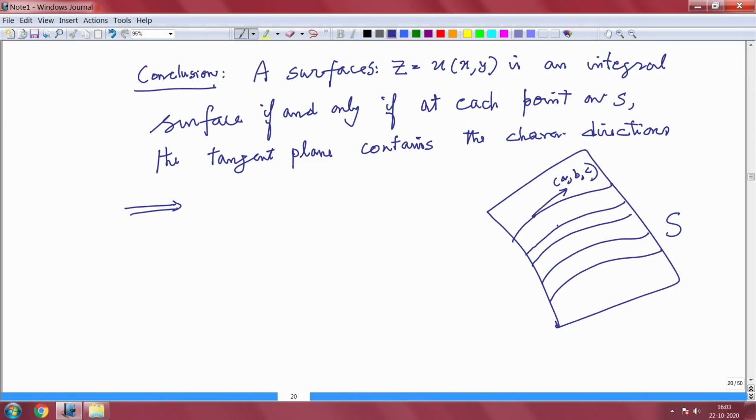Okay. That means you are looking for a curve on the surface, not on the plane now, a curve whose tangent is ABC. Once the tangent to the curve is ABC, that ABC will lie on the tangent plane. So, on each curve you have an ABC as the tangent to the curve.